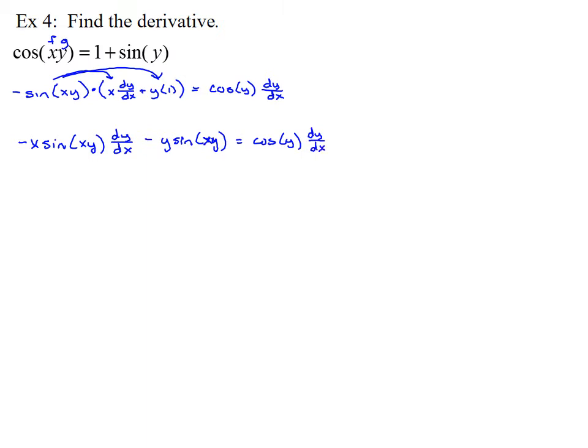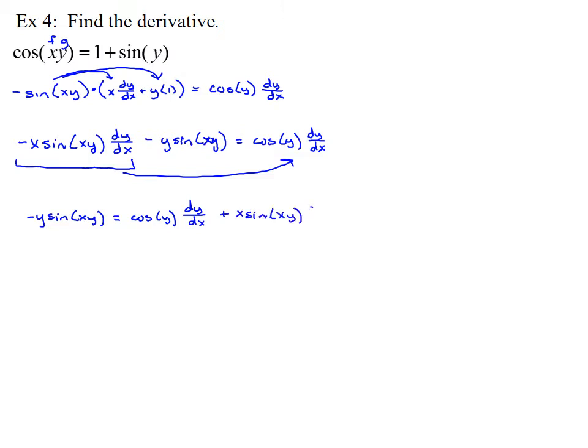All right, got to get the dy dx's on the same side, so I'm going to take this entire term here and move it over to the right-hand side. That way I have a negative y sine of xy is equal to cosine of y dy dx. Then I'm going to add x sine of xy dy dx.